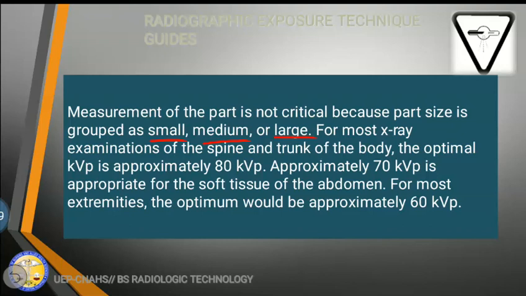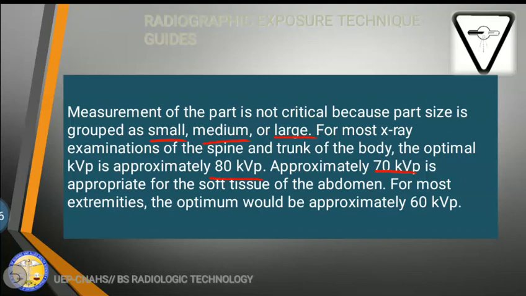So, for most X-ray examinations of the spine and trunk of the body, the optimal KVP is approximately 80 kVp. Approximately 70 kVp is appropriate for soft tissue of the abdomen. Actually, for these modern day times, mas mataas pa siya na KVP.